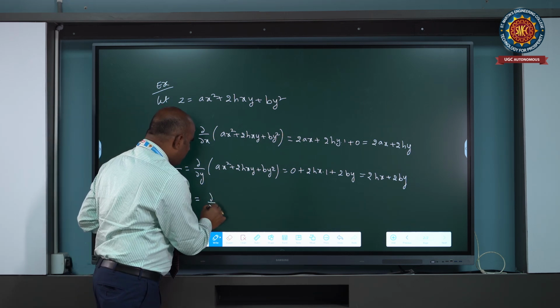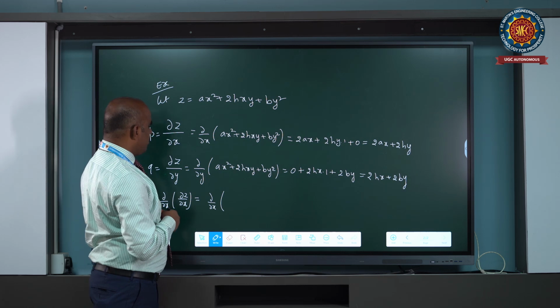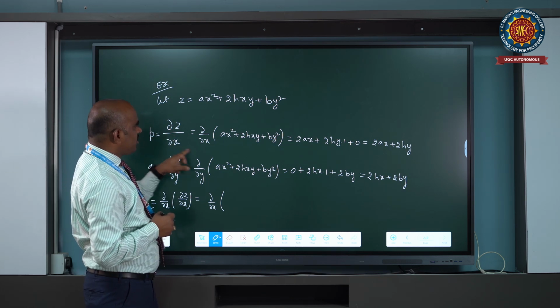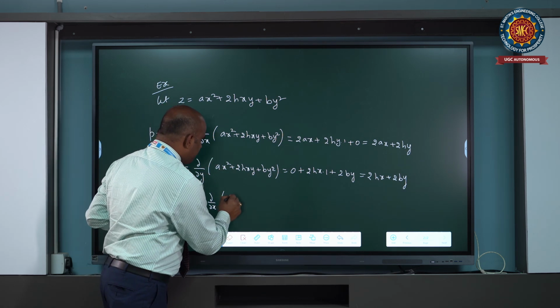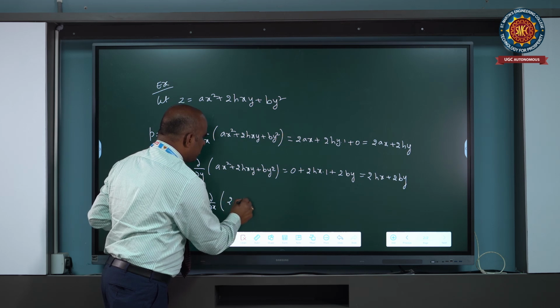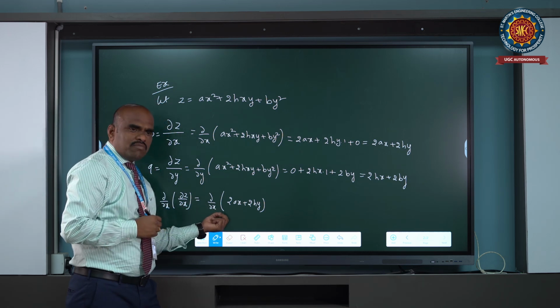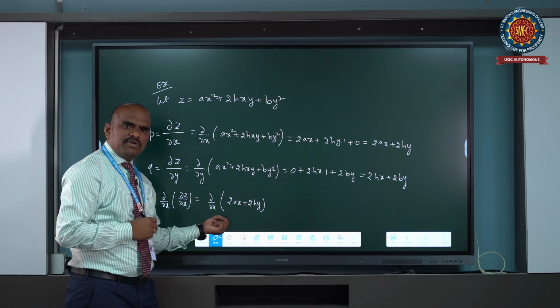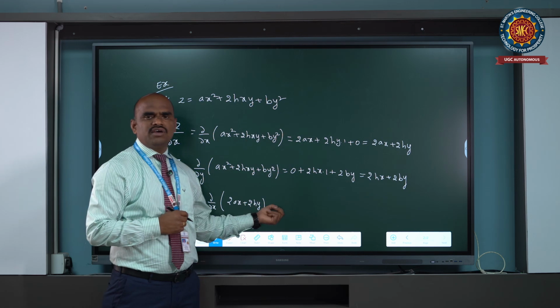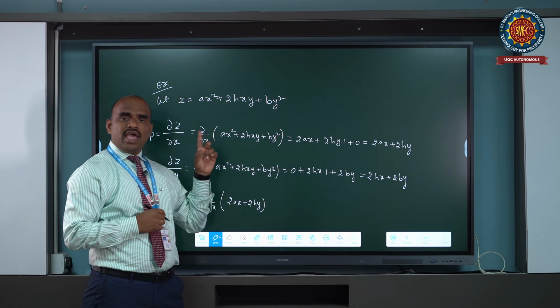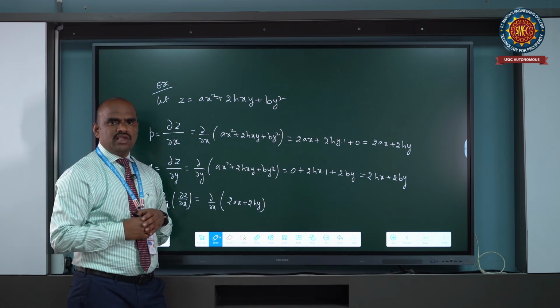∂/∂x of the answer we have for ∂z/∂x. What is ∂z/∂x? ∂z/∂x is 2ax plus 2hy. Here we are performing the partial differentiation with respect to x, meaning we have to treat the other variable y as a constant along with a and b constants.